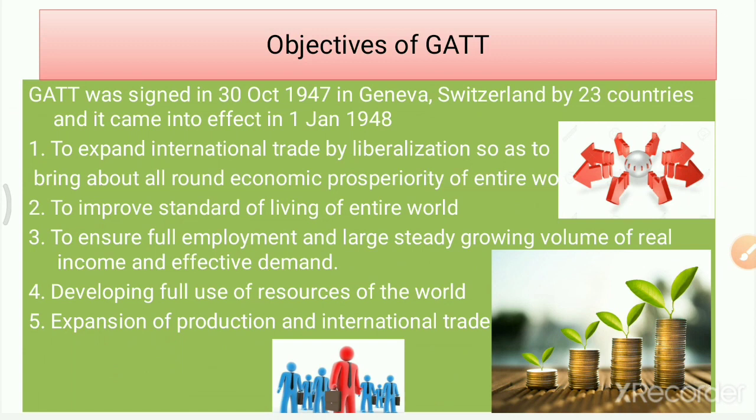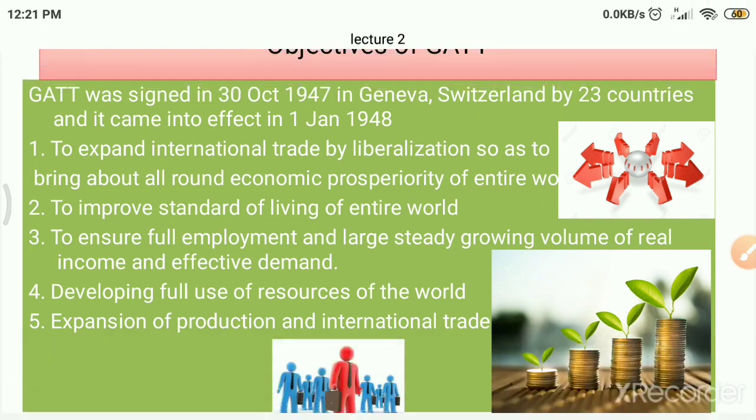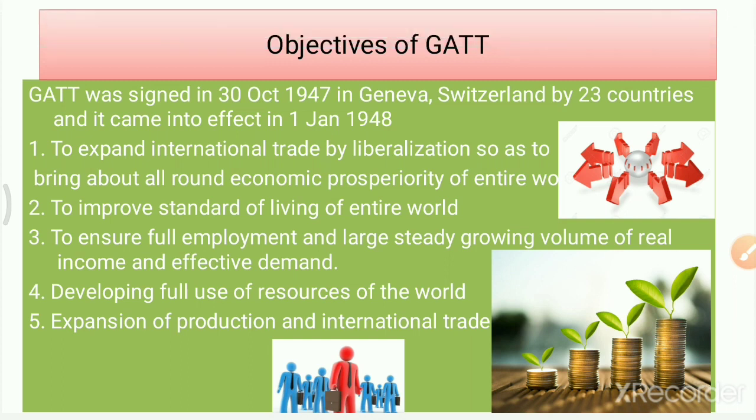To expand international trade by liberalization so as to bring about all-round economic prosperity of the entire world, to improve the standard of living of the entire world, to ensure full employment and a large, steadily growing real income and effective demand, developing full use of the resources of the world, and expansion of production and international trade.